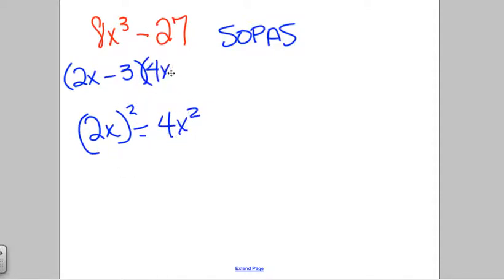So my first term here is a 4x squared. My next is opposite sign for my O. This is a negative, so I'm going to have a plus. The product of 3 and 2x is 6x. Always a plus for the A. And square the last. So here are my factors for this.